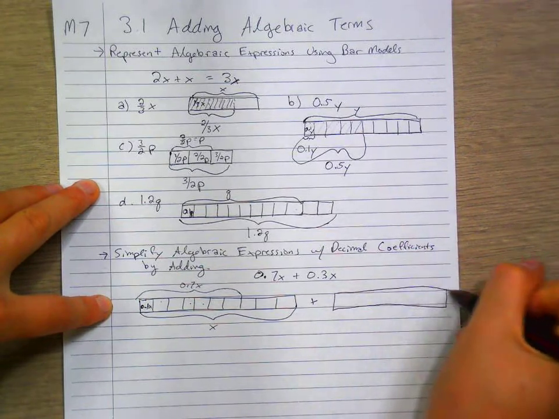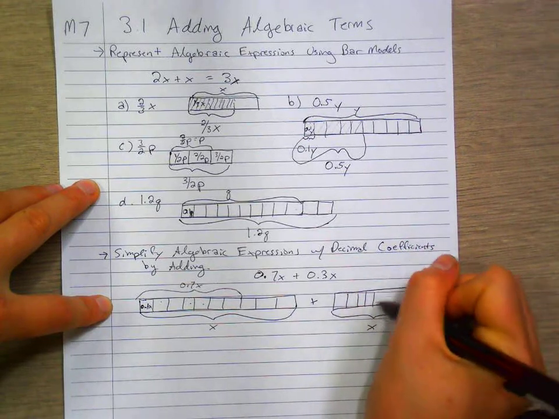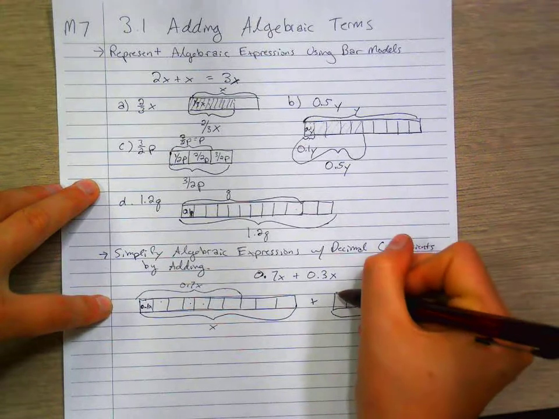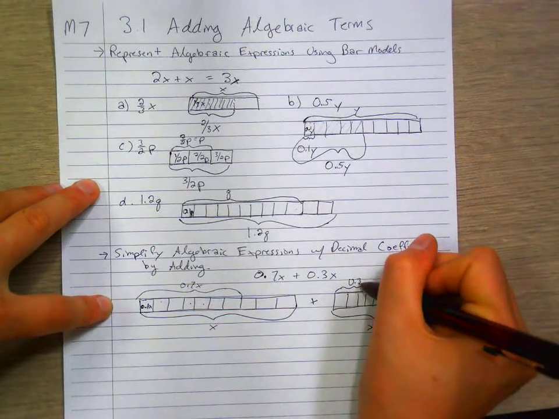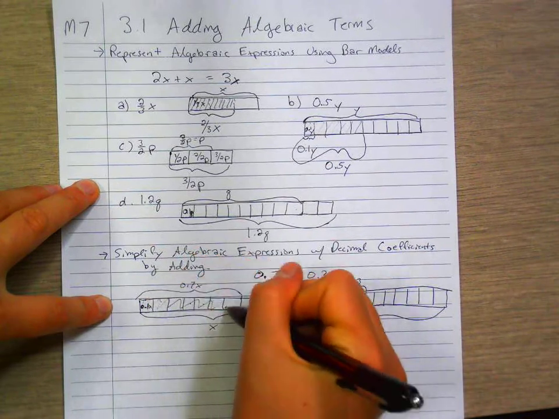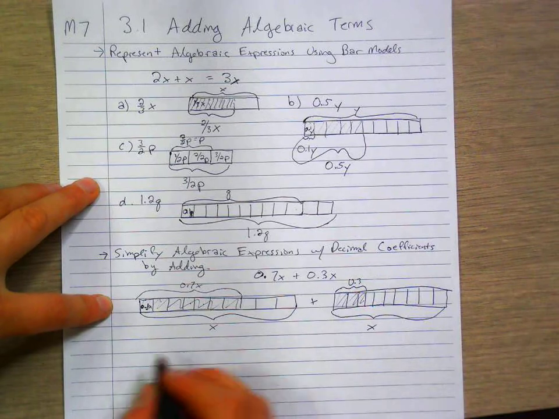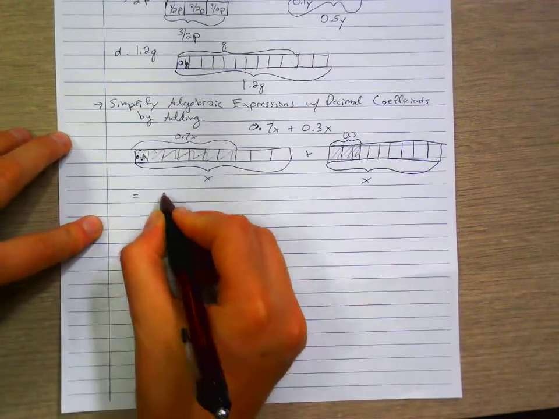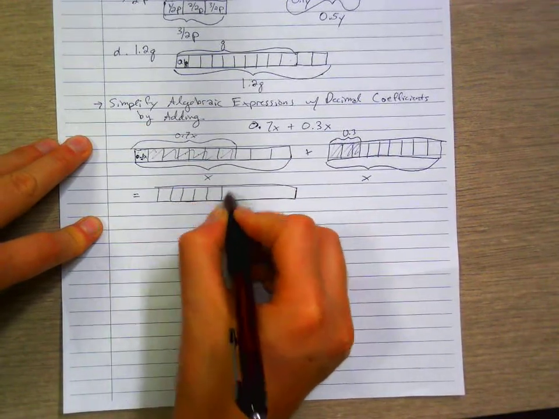So let's say this whole thing is x, 1, 2, 3, 4, 5, 6, 7, 8, 9, 10. And 0.3 is going to be 1, 2, 3. So we have this whole thing plus this little thing. So we have 7 plus 3, and that is equal to saying 1, 2, 3, 4, 5, 6, 7, 8, 9, 10.